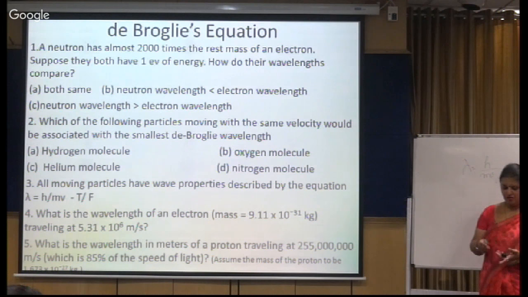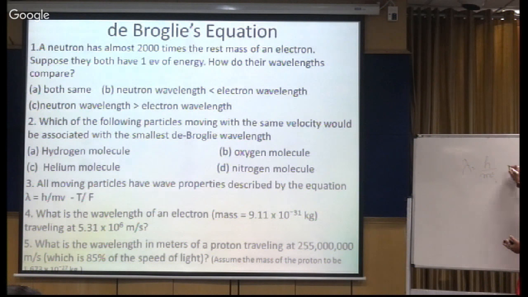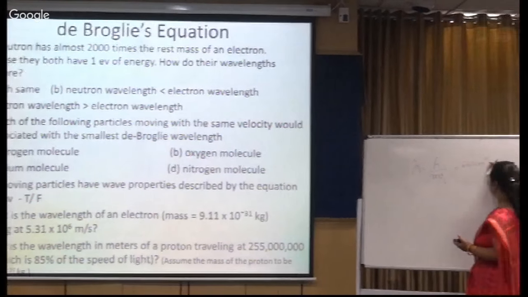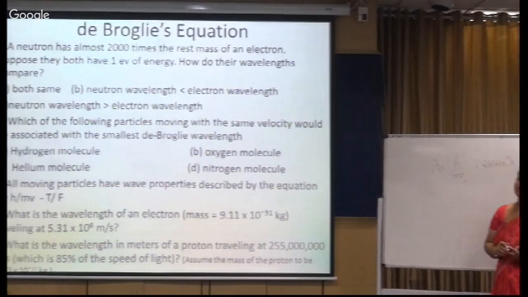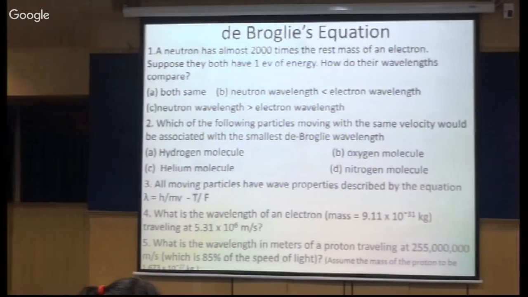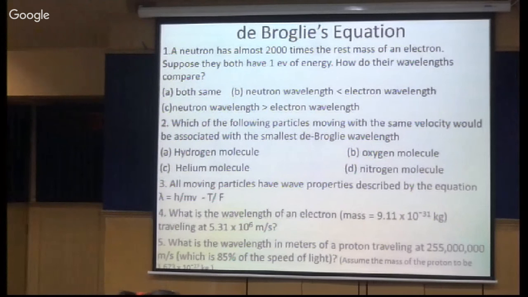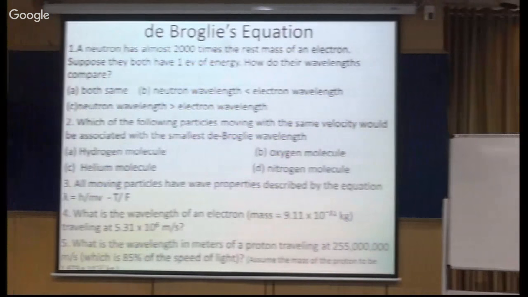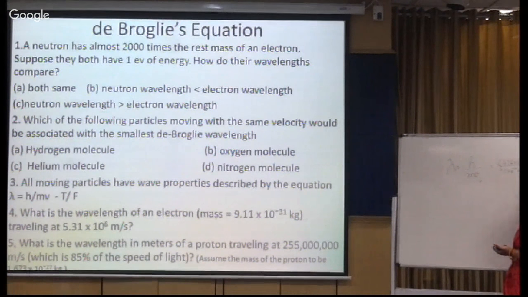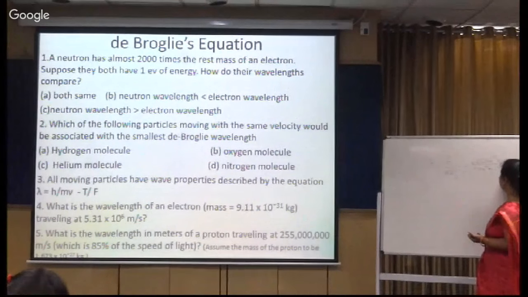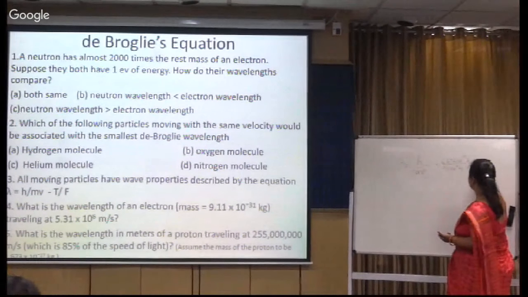What is the value of the constant h? 6.626 into 10 to the power minus 34 joules second. It is important to know the units also, because we need to work with SI units unless and until it is mentioned otherwise in the question. Mass is 9.11 into 10 to the power minus 31 kg. And v is 5.31 into 10 to the power 6 meters per second.